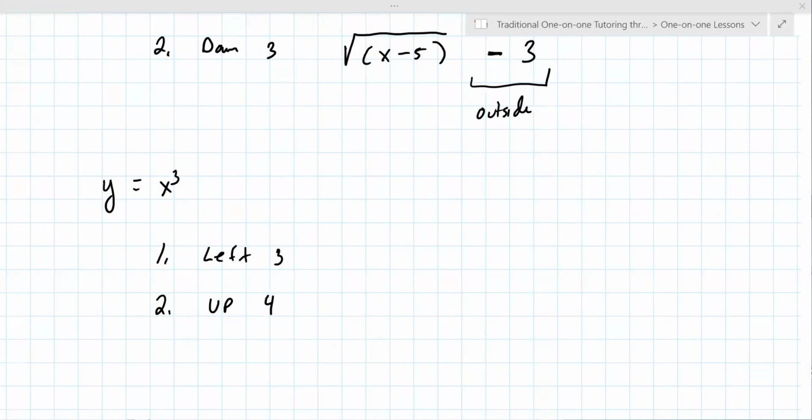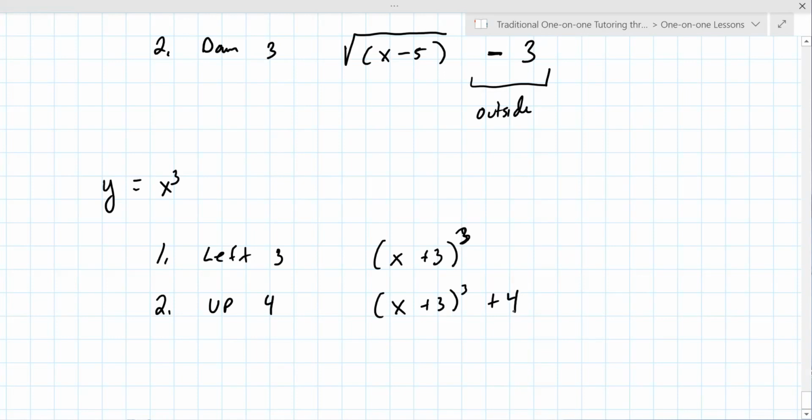Okay. X plus 3 cubed is the left. Did you get that? Yes. And then the up 4 is x plus 3 cubed plus 4. Yeah, that's what I got.